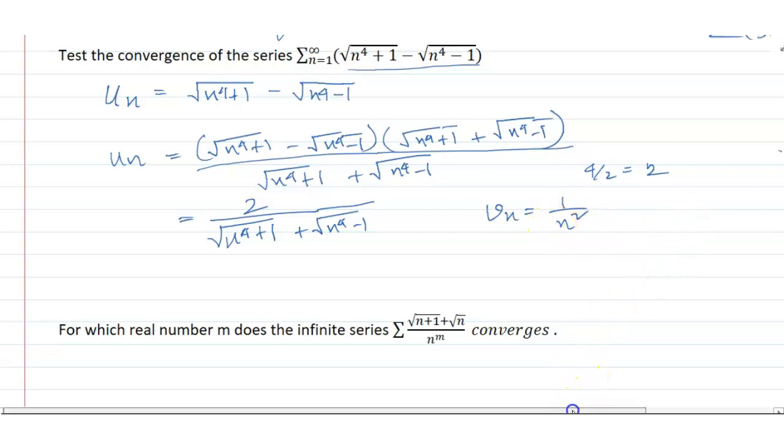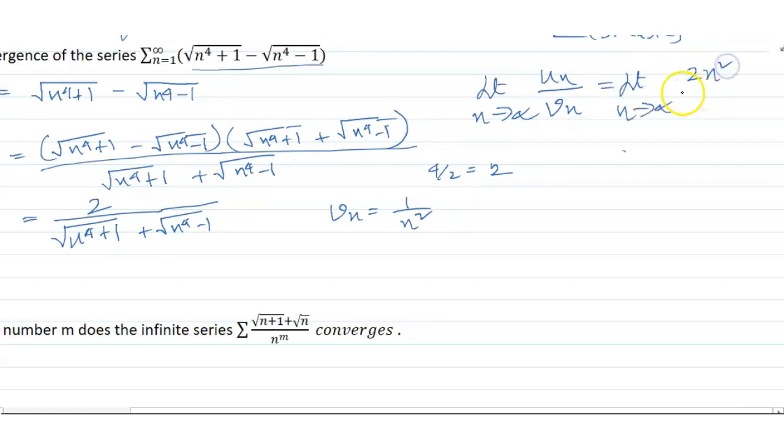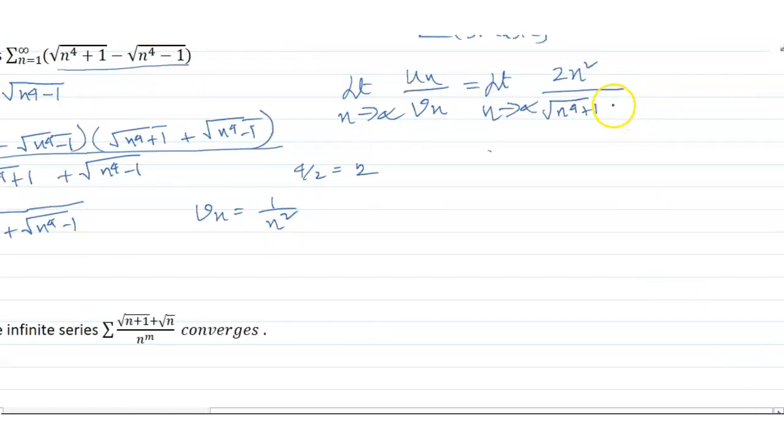Now I have to check limit n tends to infinity Un by Vn, which equals n square times 2n square divided by root of n to the power 4 plus 1 plus root of n to the power 4 minus 1, and it can be written this way. And this value is 2.